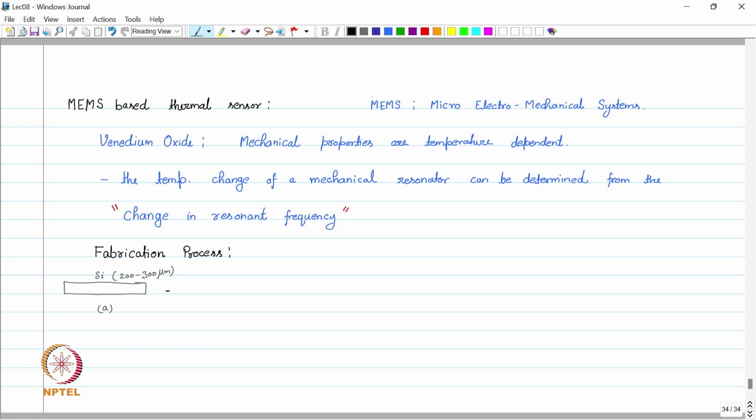Now we take this silicon wafer and we grow the oxide on both sides of it, using dry oxidation or wet oxidation, whichever is preferable. In the second step, this is step B, we put the oxide on both sides.